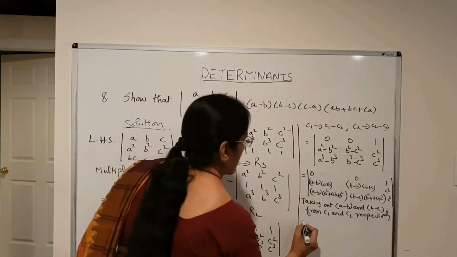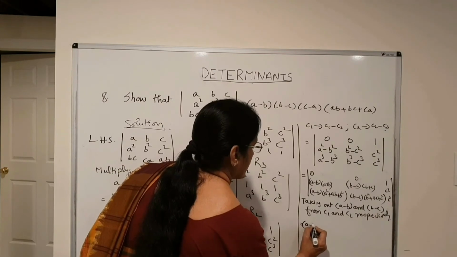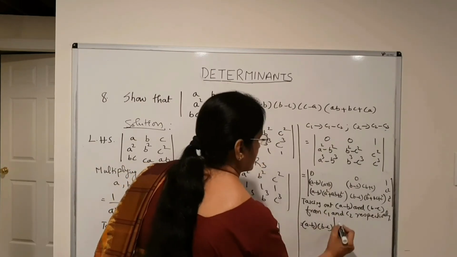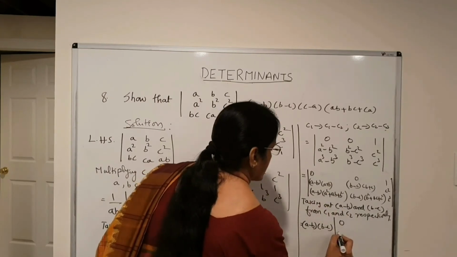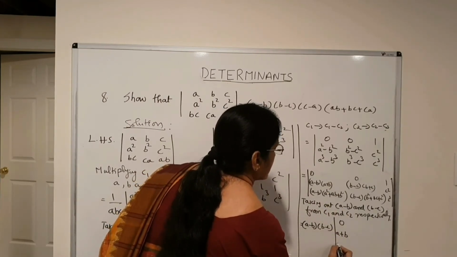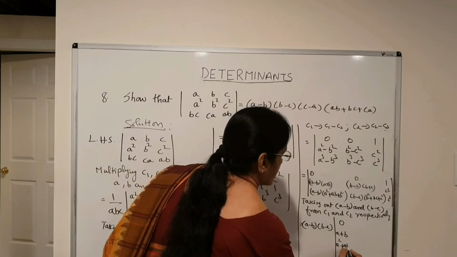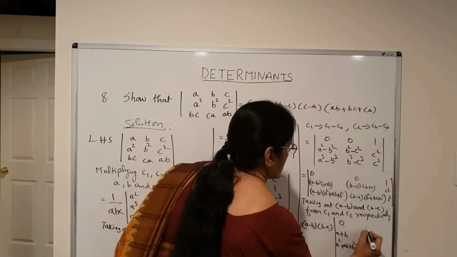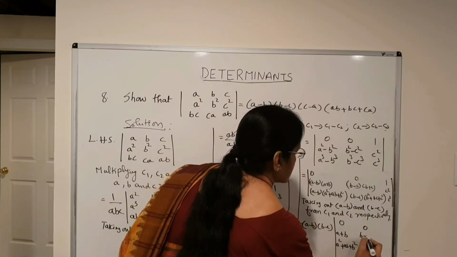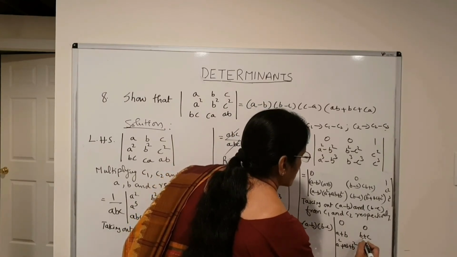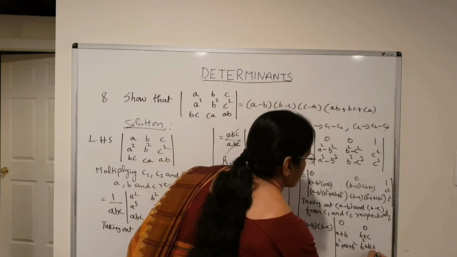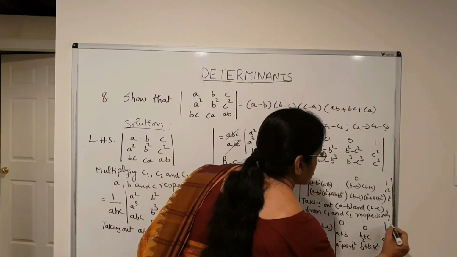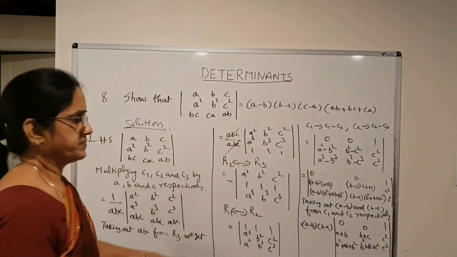I will be getting, I am taking out A minus B and B minus C. Left with 0, A plus B, then A square plus AB plus B square. Here it is going to be 0, B plus C, B square plus BC plus C square. Third column will remain the same: 1, C square, C cube.